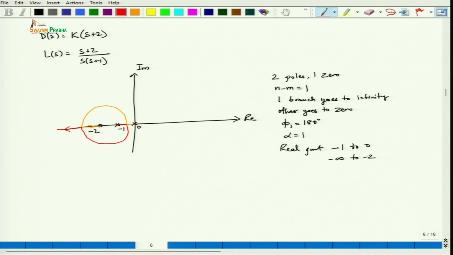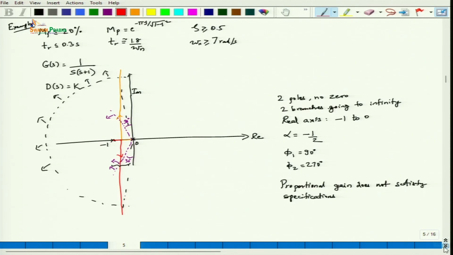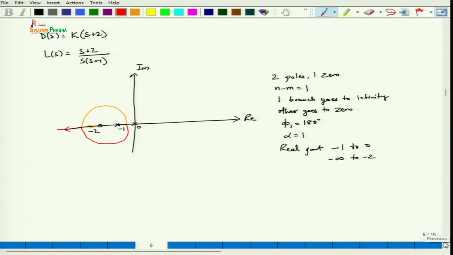Now in this scenario, if we look at the necessary specifications, it's possible to meet these specifications.